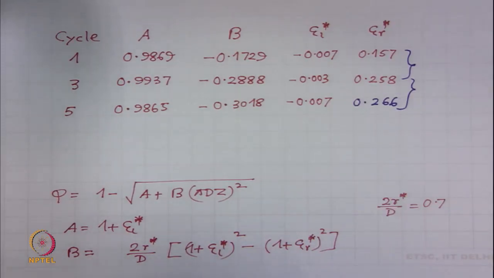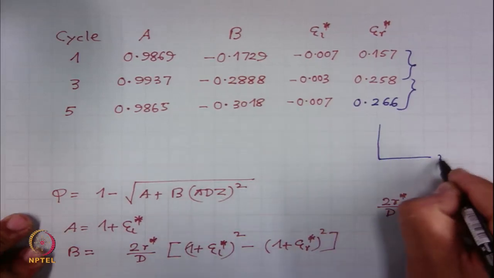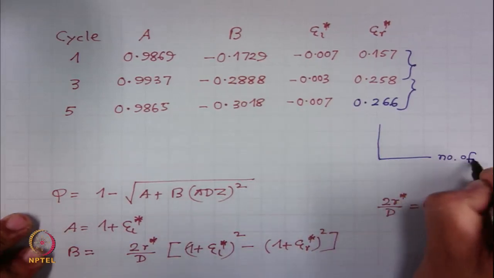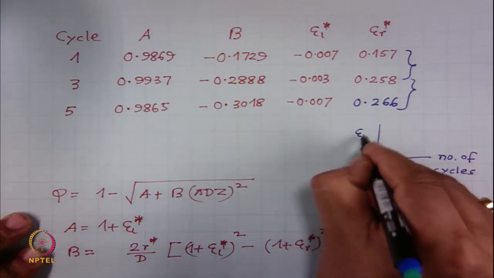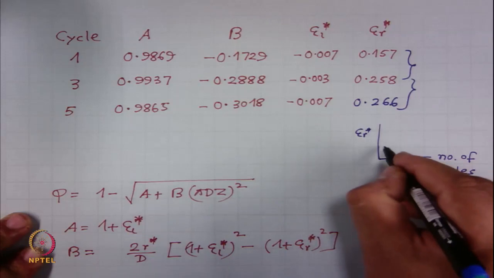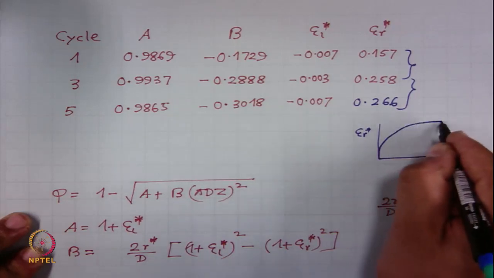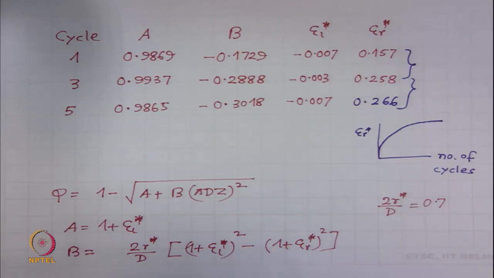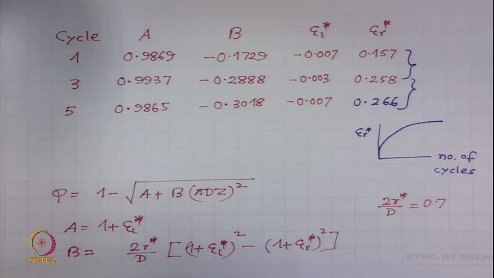So, probably with the number of cycles of washing and drying, epsilon r is such that after a few cycles a plateau comes in. Now, why does it happen?